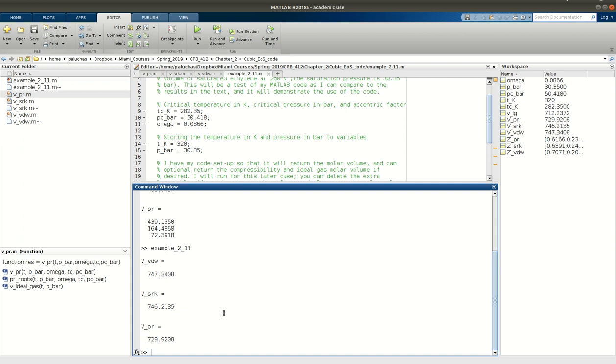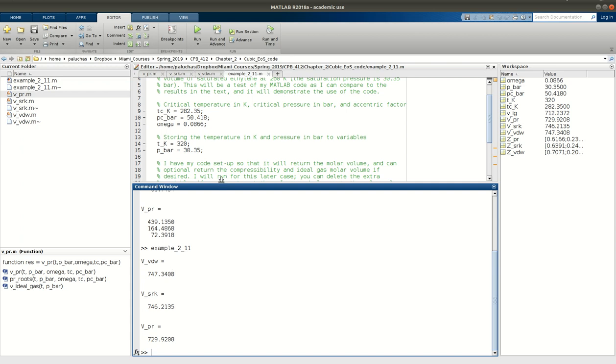I've moved myself further into the superheated region, and as I get further away from the saturation curve, I only have one real root as compared to three. Multiple real roots occur when I'm on or near my saturation curve. Here there would have been two imaginary roots, and the code just returns the real roots.